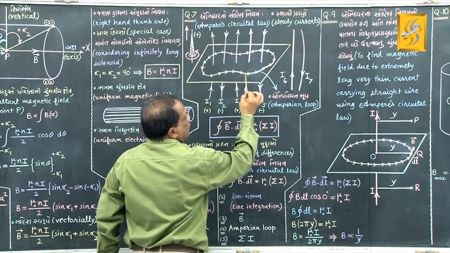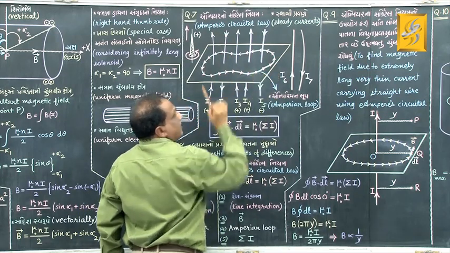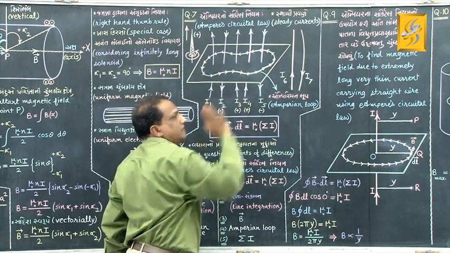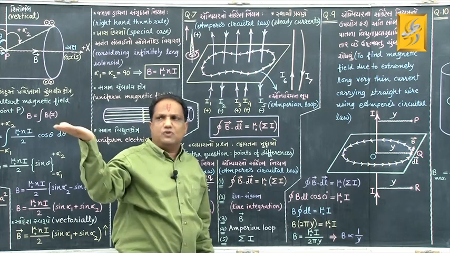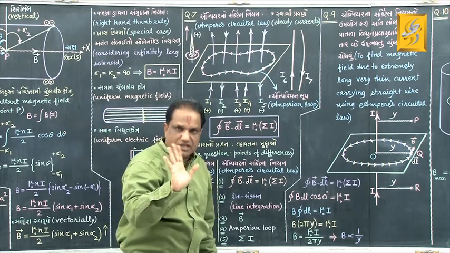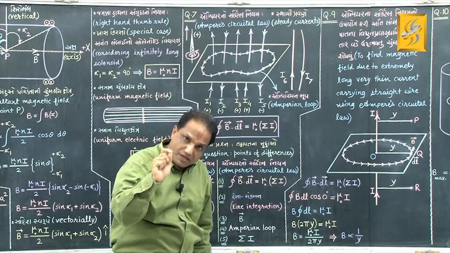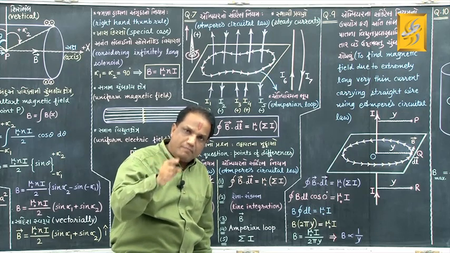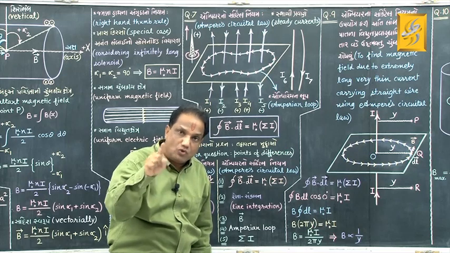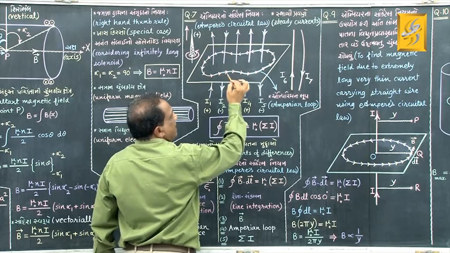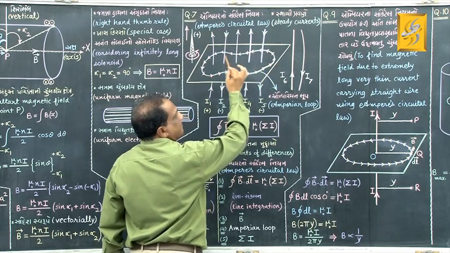Why is it called a planar loop? Because the entire loop is lying in the same plane, correct? Not necessary that you should consider only a horizontal plane, but you must consider that loop to be planar. That plane may be any plane, but it must be a planar closed loop. Got it? Fine. This closed loop may have any sort of shape, no problem.